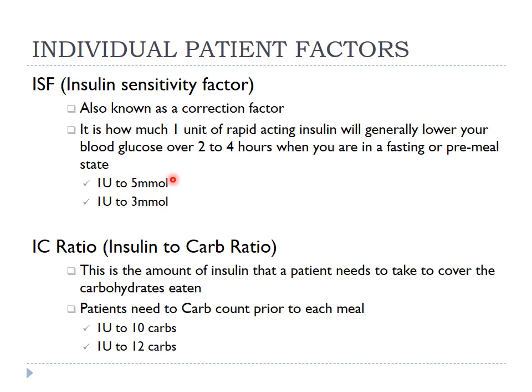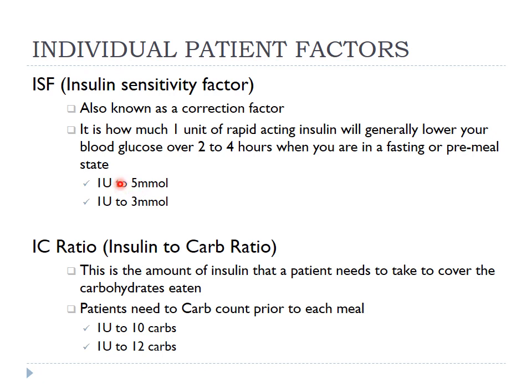So let's say I have an insulin sensitivity factor of 1 to 5, and my blood sugar is 10. You want to bring my blood sugar down to 5. How much do I need?